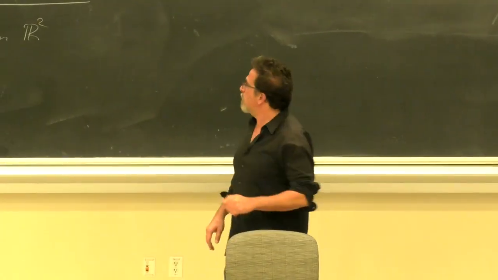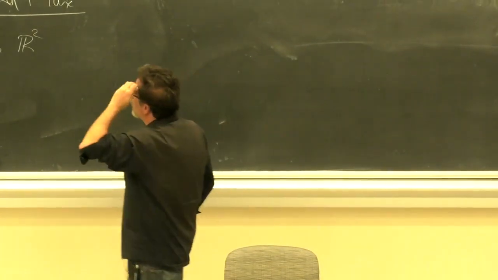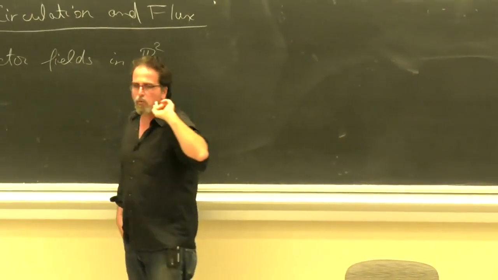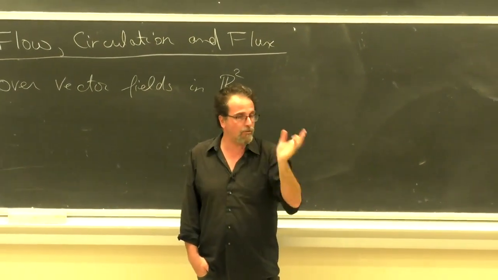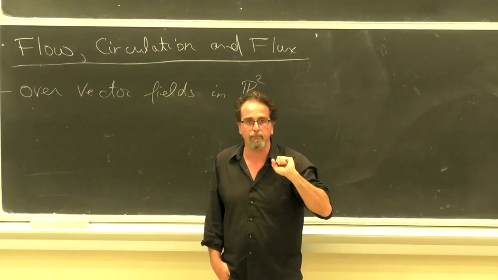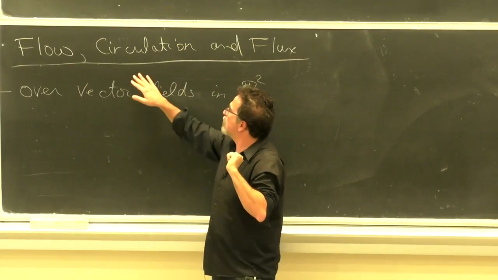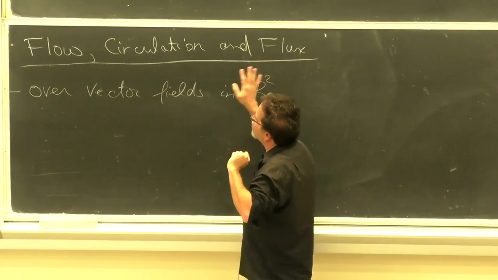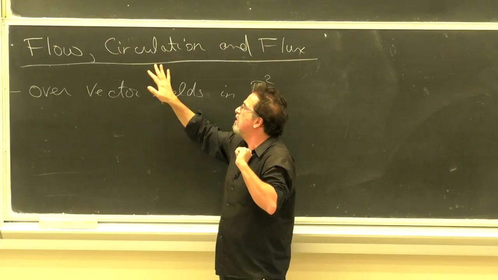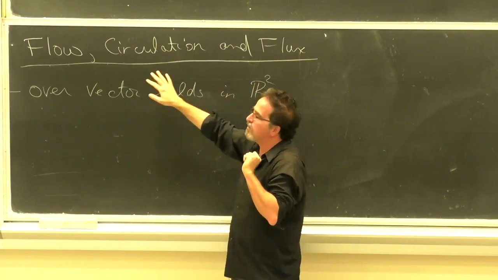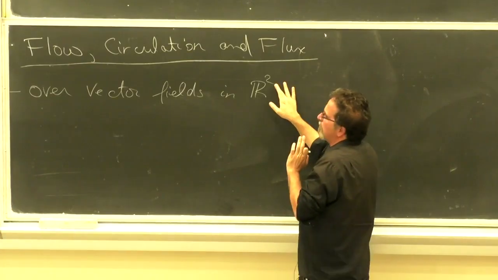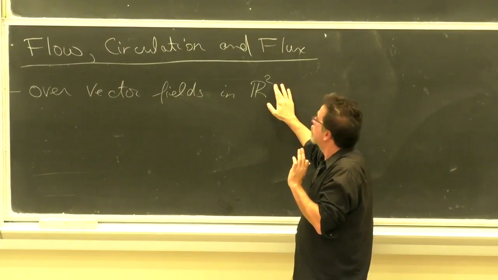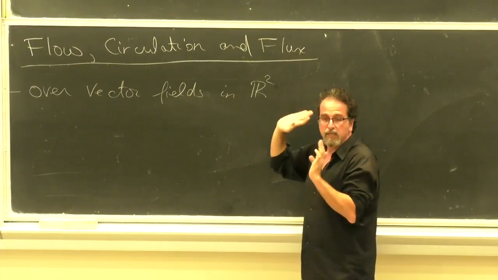So today, let's start talking about flow. Work was defined over vector fields arbitrarily in R3, R2, wherever you want them. But flow and circulation tend to be defined over R2 or R3, and we're going to do everything pretty much over R2. Flux, this is the important thing.